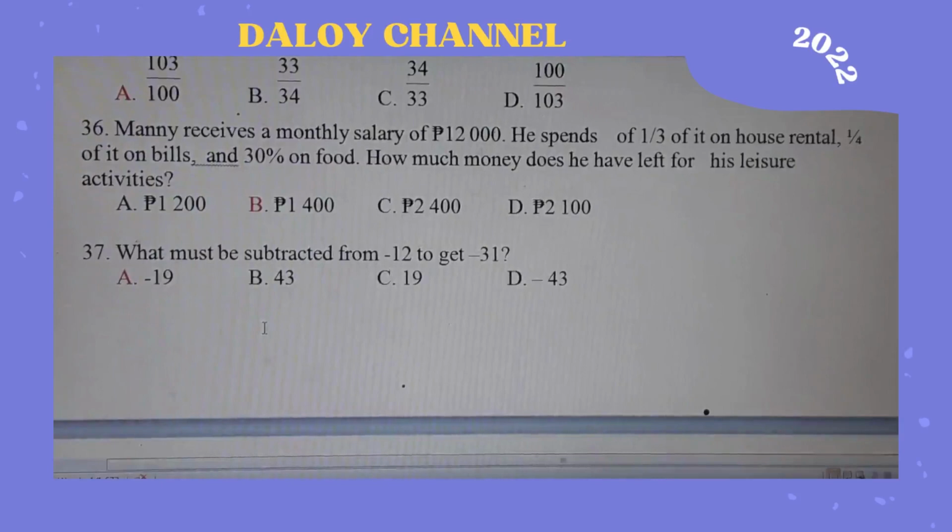Money receives a monthly salary of 12,000 pesos.